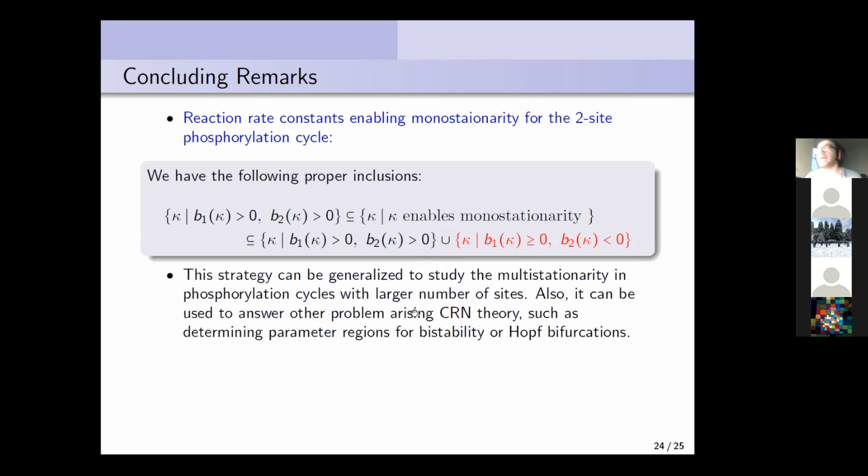Another thing that I want to point out is that, as I said, this strategy can be generalized to study multistationarity in the phosphorylation cycle with a larger number of sites. But what is more important is that a similar approach can be used to answer other problems arising in chemical reaction network theory, such as checking bistability or checking for Hopf bifurcations.